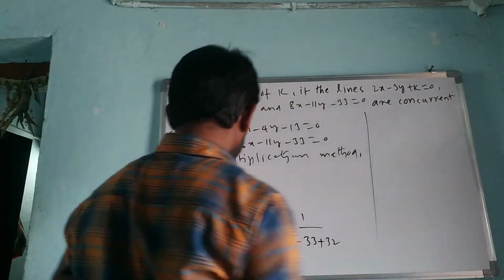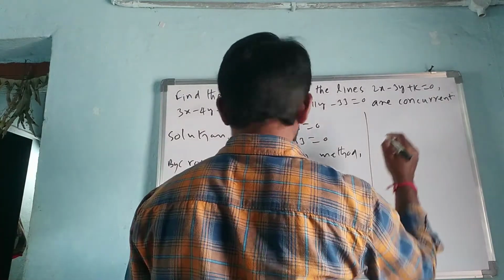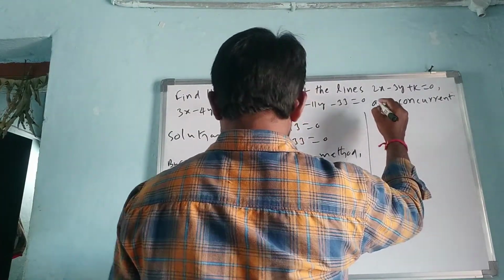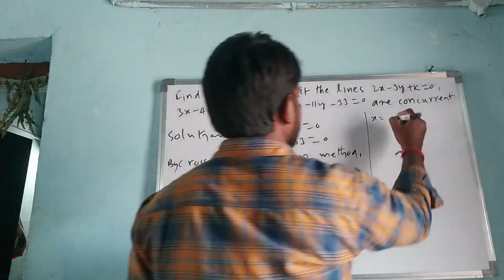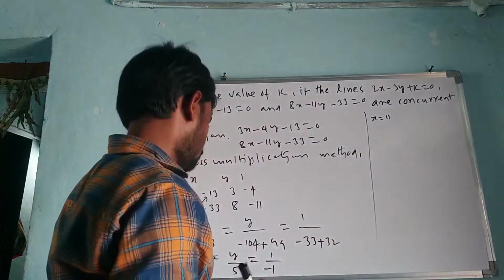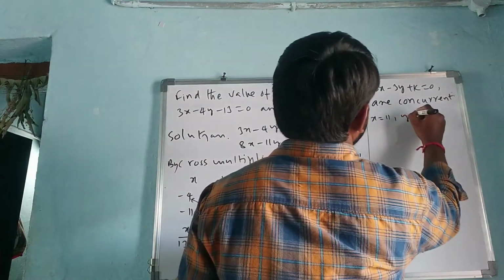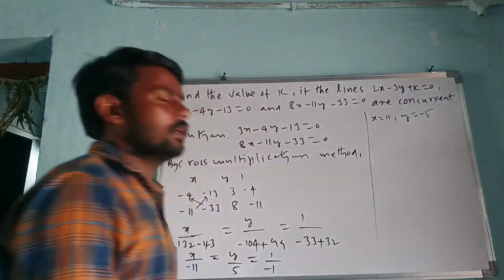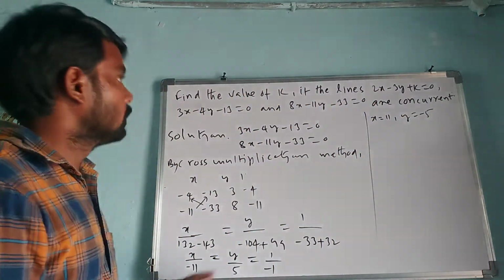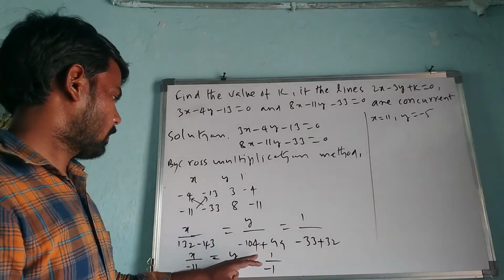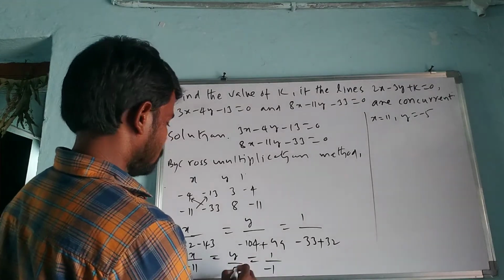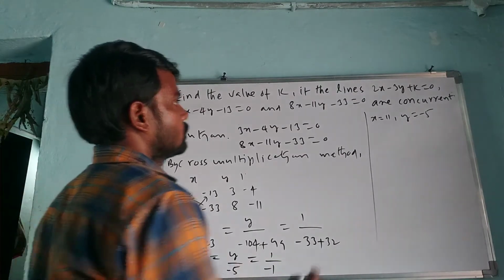Which is nothing but x is equal to 11 and y is equal to minus 5. Sorry, this is minus 5.